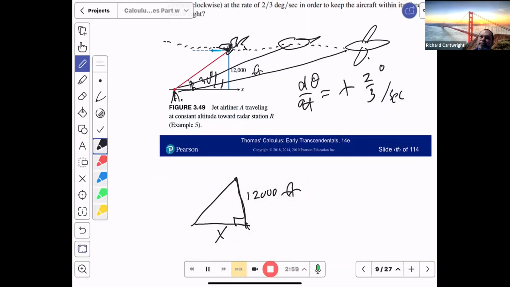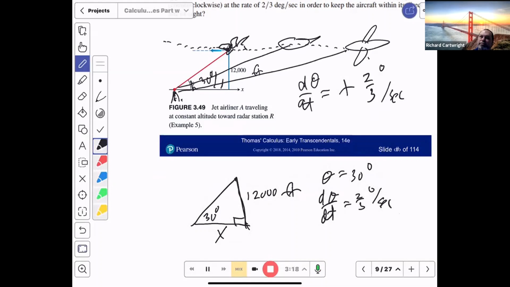At that moment this angle theta is 30 degrees. D theta dt is 2/3 degrees per second.